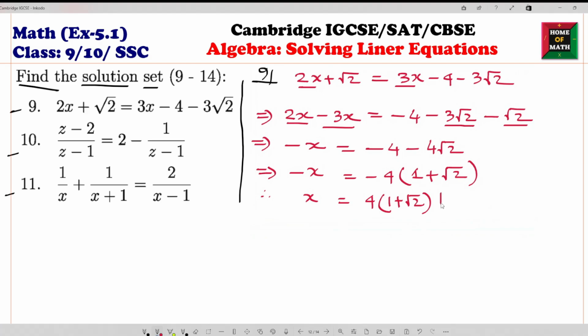So we can write multiplying minus 1 both sides. Okay, so this is our equation set.